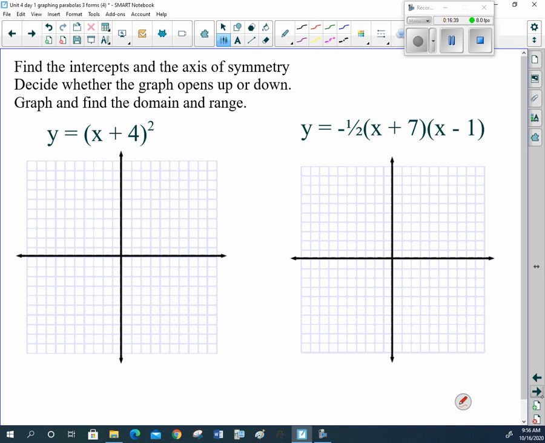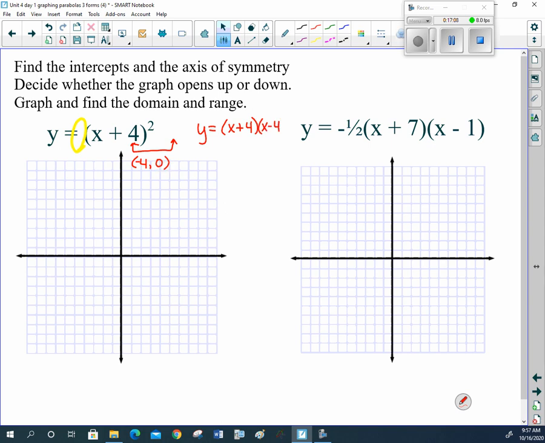Decide whether the graph opens up or down, graph and find the domain and range. Okay, so I know this graph is opening up because I'm looking right here, and that's a 1. This one you could think of as vertex form or intercept form. You could think of HK like this, so I could say it's negative 4, 0. Or you could think of it in intercept form, but it's the same two intercepts.